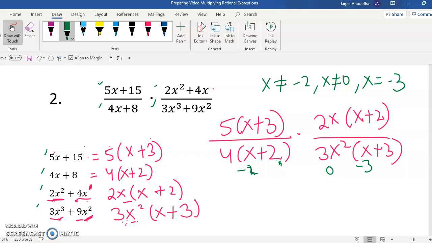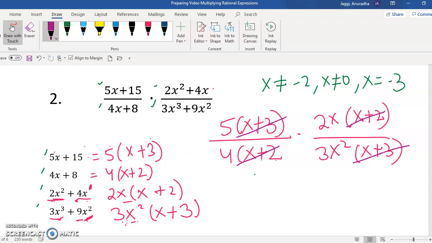Okay, now is the time to cancel things. So you can just start cancelling it out now. X plus 3, and this is another x plus 3. So numerator gets cancelled with the denominator, and then you have an x plus 2 in the numerator, x plus 2 in the denominator.